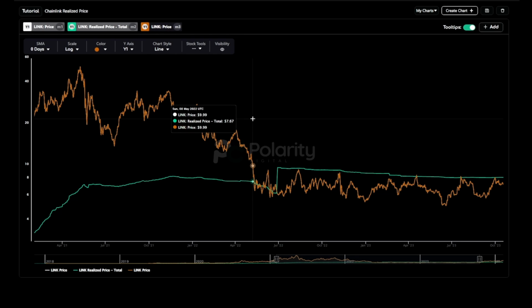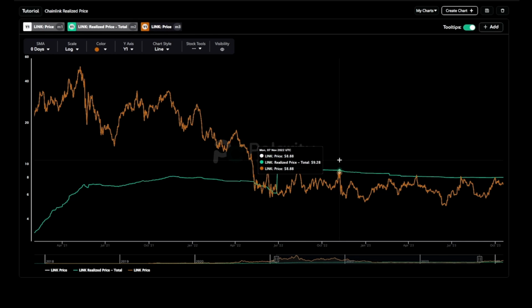And then I want to show you what happened, which just shows the power of this metric. Notice where our price got to repeatedly and then followed by getting rejected at that level. Every time we got back to the realized price, like here in August, like here in November of 2022, then again here in April of 2023, then again, July of 2023, every time we got back to the realized price, instant rejection off of that level.